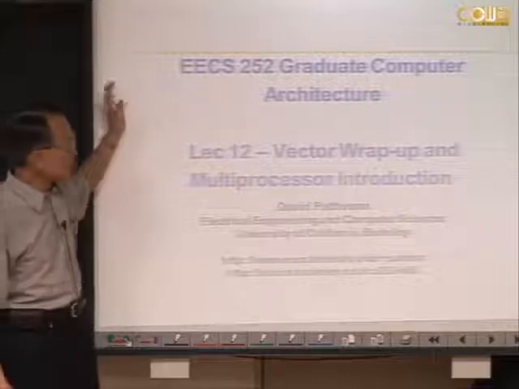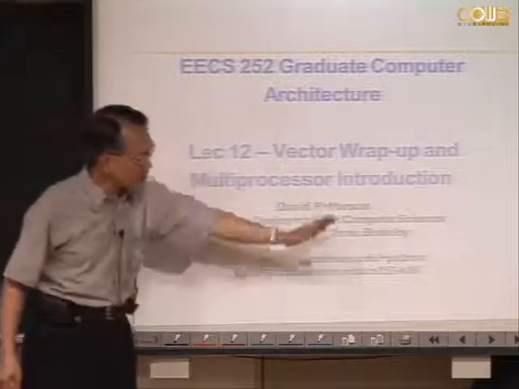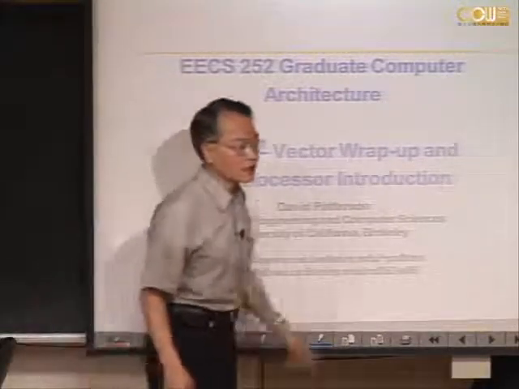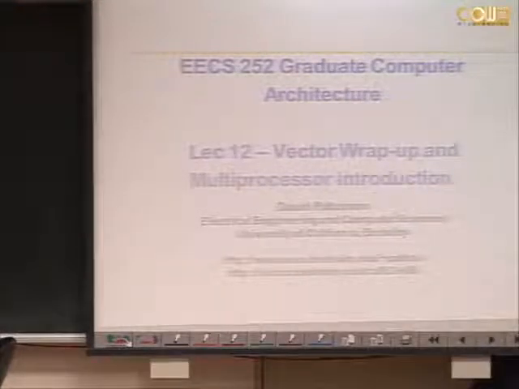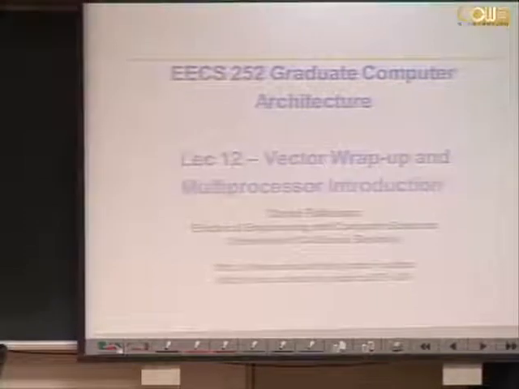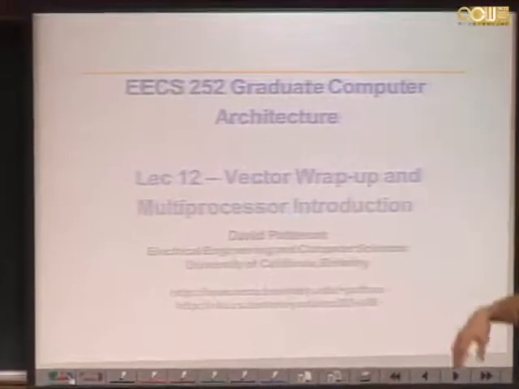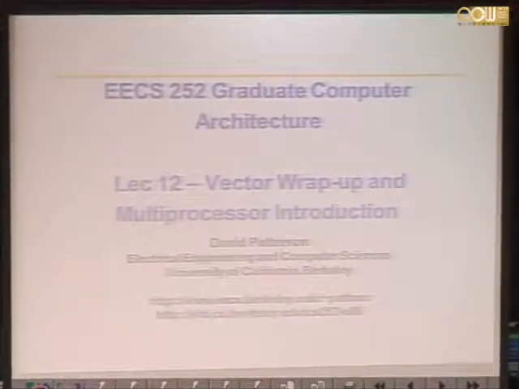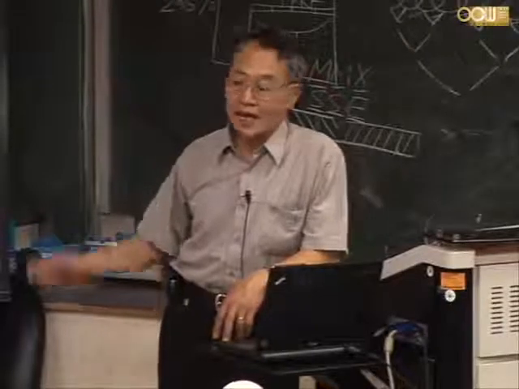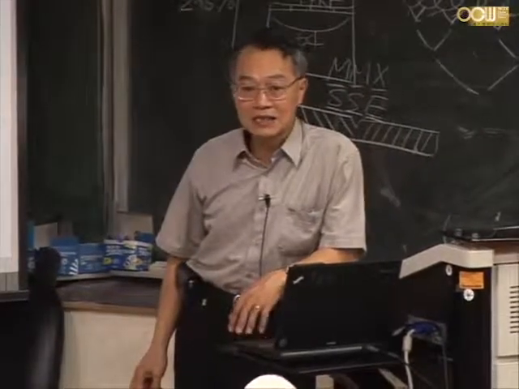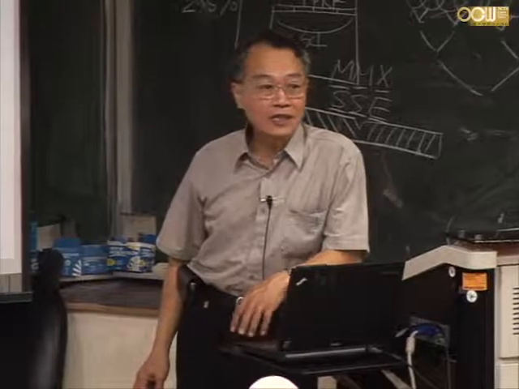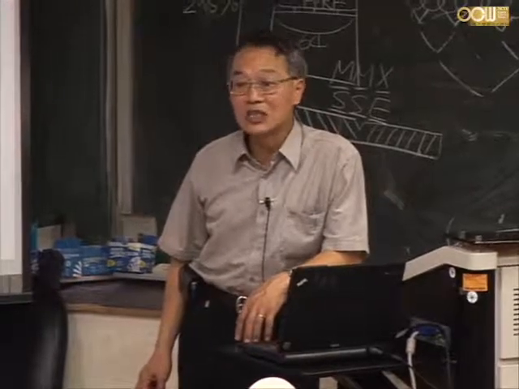Okay, so for every frame of the motion picture, 30 to 60 frames per second, every frame already has millions of elements times RGB. Okay, very big data. So we need very special design to deal with it.